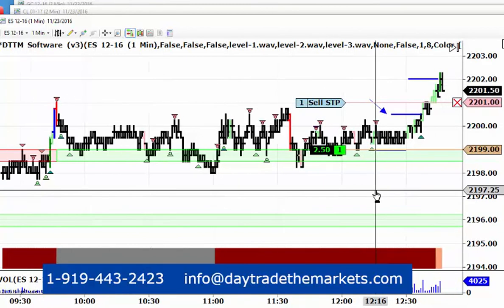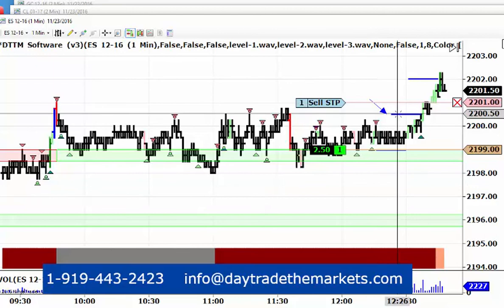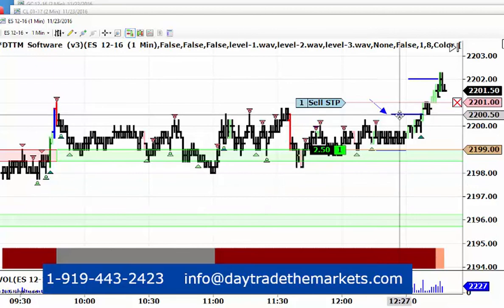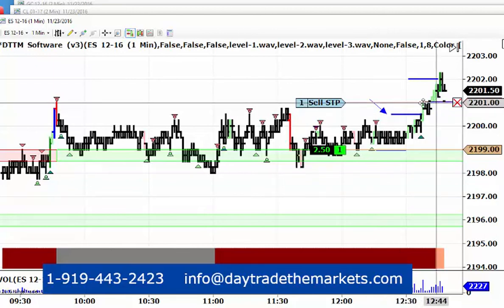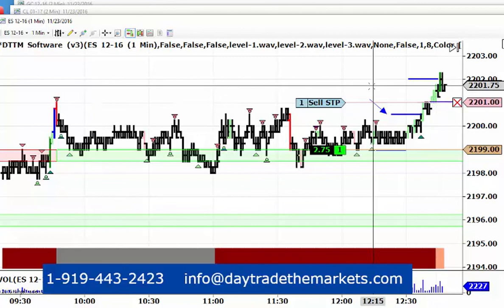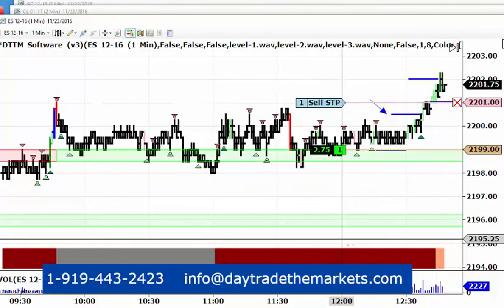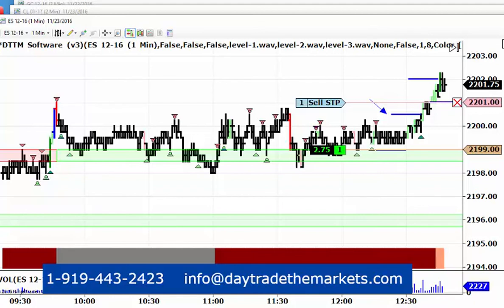Fairly tight stop, but we're fairly close also to a good resistance area, so I don't want to have it too far away from there. And let me just also place another marker here just in case it gets hit, and we know where that last fill will be. Okay, so once again, I will pause the recording.